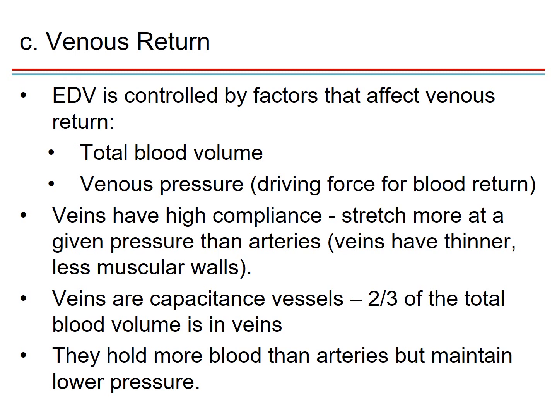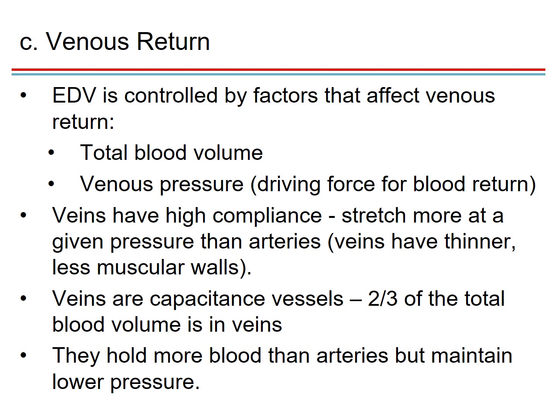So veins typically have a high compliance, and so a given amount of pressure will cause more expansion in the veins than arteries, and so veins can hold more blood. And that is because veins have a thinner and less muscular wall than the arteries do. So veins are considered to be these capacitance vessels where 2/3 of the total blood volume is held in our veins.